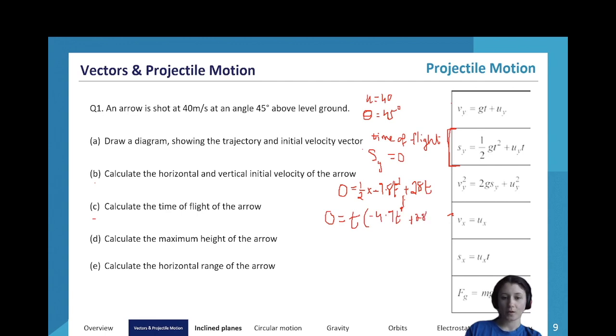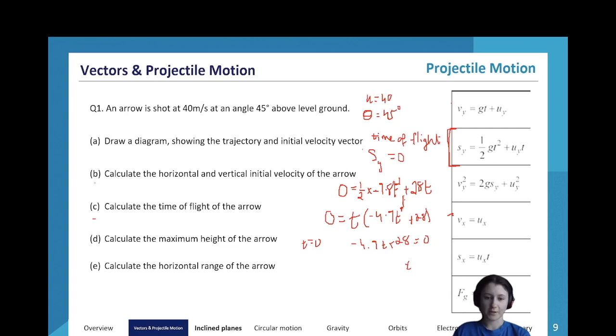Because then if we use our null factor theorem, we'll get that t equals 0 and -4.9t plus 28 equals 0. The reason it's so important to factorize is because otherwise you miss out on that solution of t being 0, and sometimes that is important.